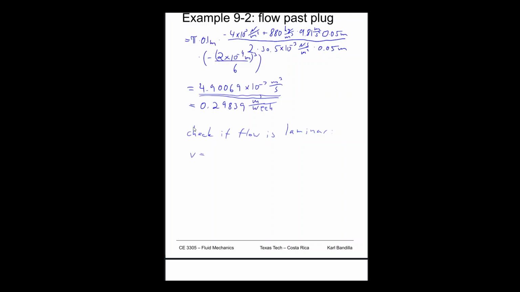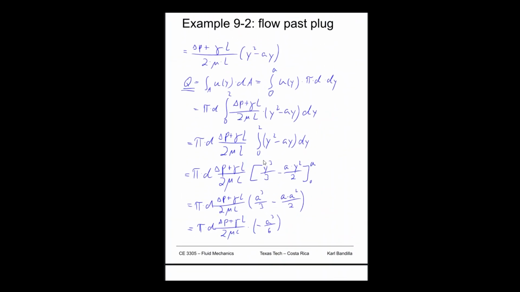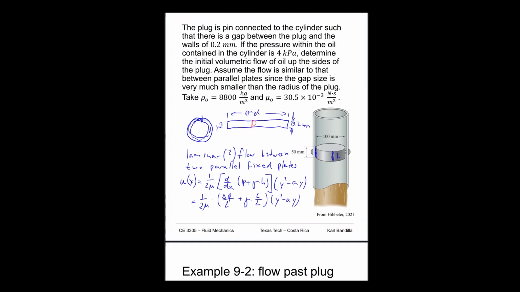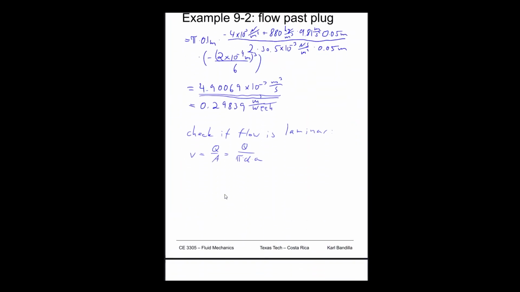Remember that for the Reynolds number, the velocity we want is the average velocity, so we can just say that's Q divided by A. In our case, that would be Q divided by pi times D times A, right? That'd be this entire area right here. That's our slot, same as the area of this ring.